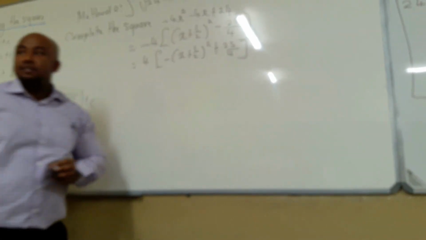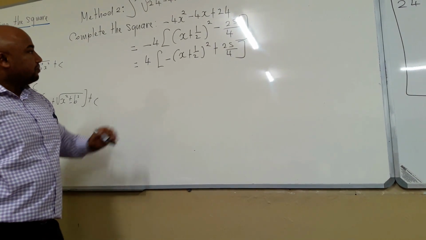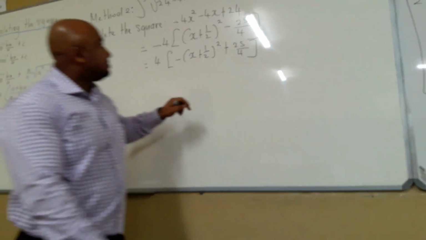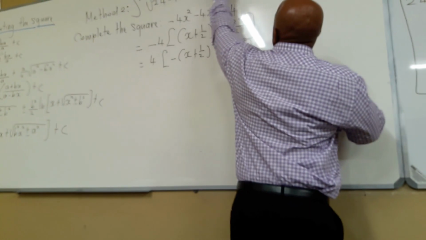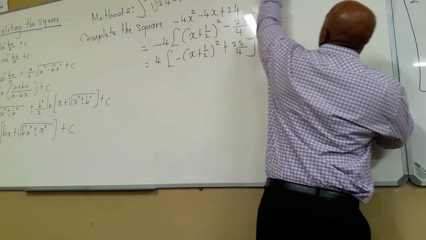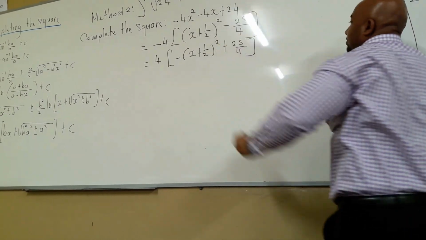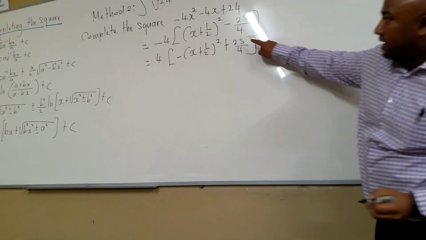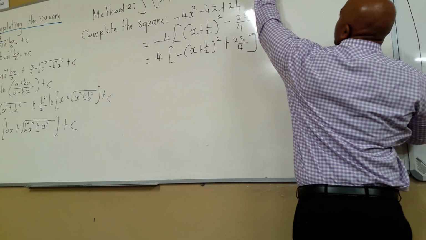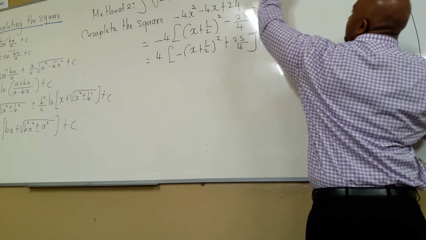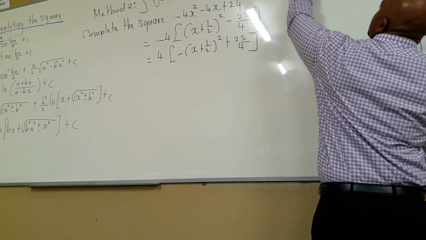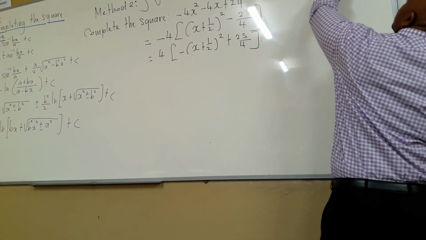So now what happens here is you now substitute this. So this is equal to the square root of 4, then I have my 25 over 4 minus x plus 1 over 2 all squared dx.